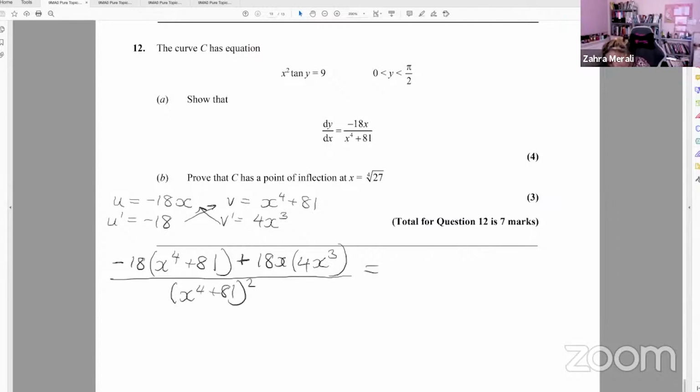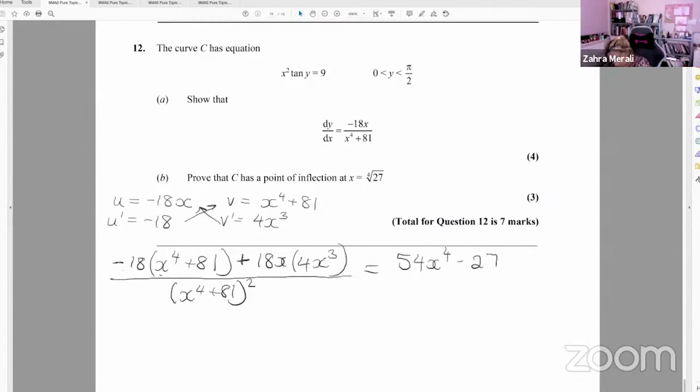If we clean out the top, we end up with minus 18x to the 4, then we've got 18 times 4 minus 18, so we end up with 54x to the 4.